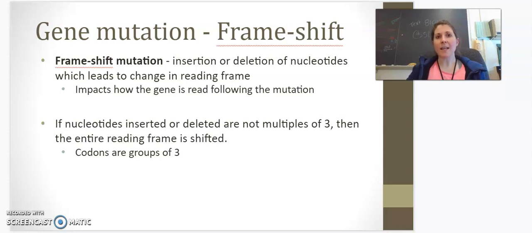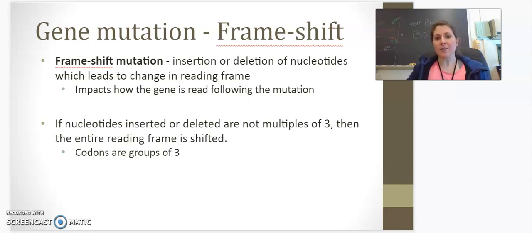So if you eliminate one, then everything shifts over, and now everything's not being read with its group. So this really can impact a gene and certainly has a bigger impact typically than just a point mutation. Frame shift mutations are really more negative for the organism than the gene level point mutations typically.